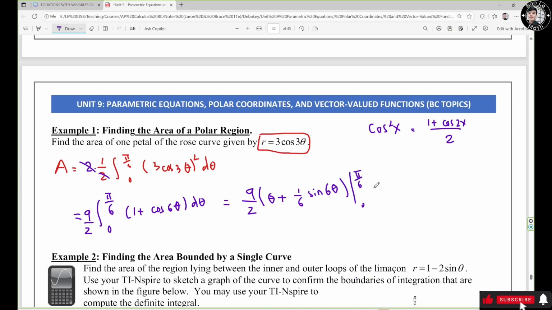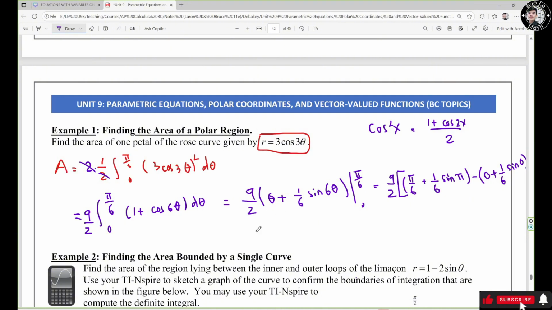Now I'm going to substitute values. So it could be 9 over 2 times pi over 6 plus 1 over 6 sine of pi, subtract 0 plus 1 over 6 sine of 0.